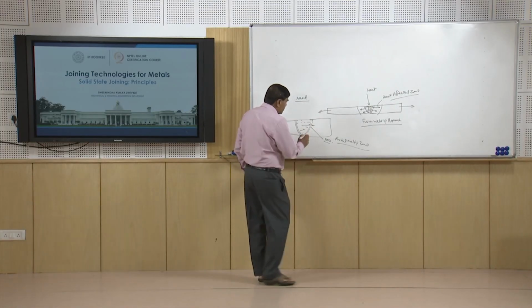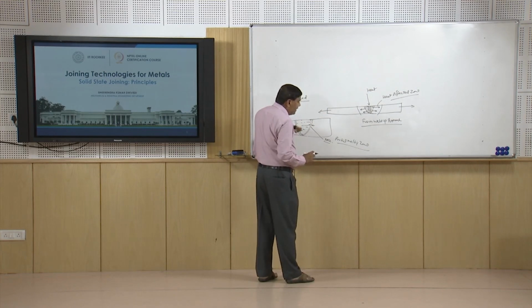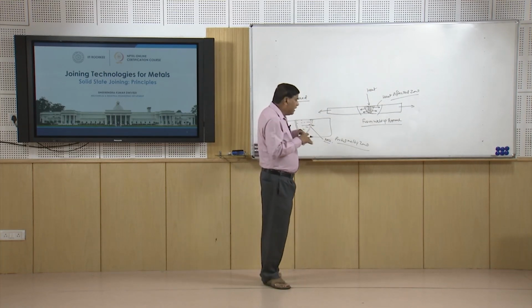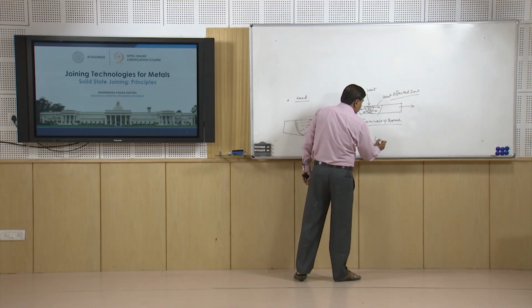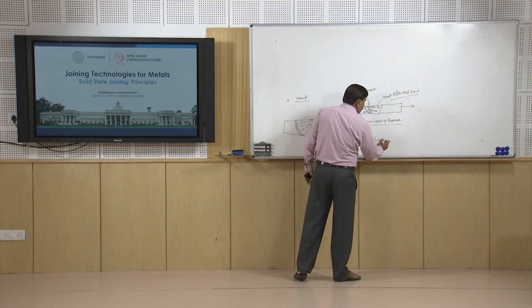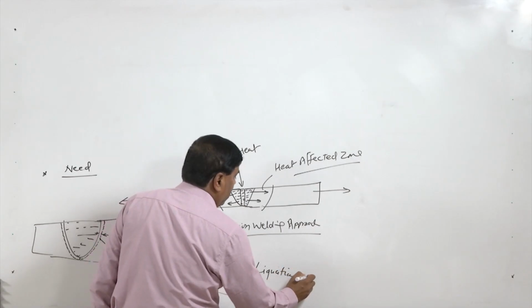Since the tensile stresses are usually formed in this area, these stresses show the tendency for cracking. So, this partial melting zone causes the problem of cracking, which is called liquefaction cracks.